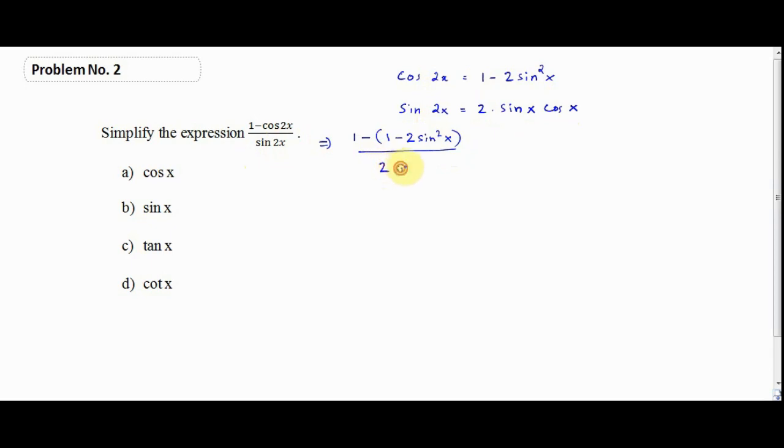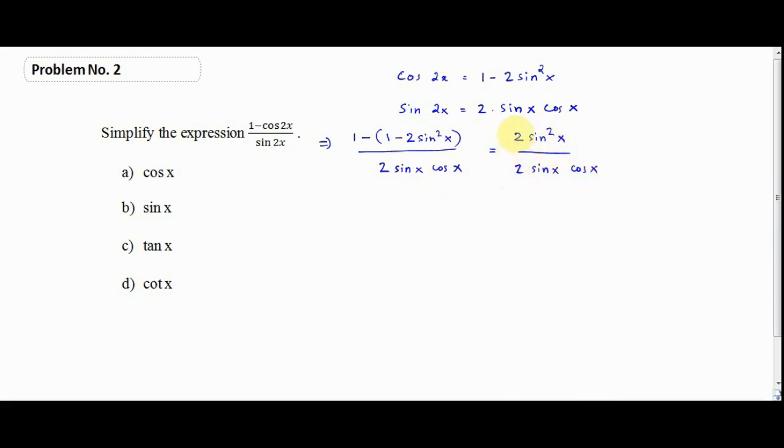If we simplify the numerator, 1 minus 1 becomes 0. Then this minus and this minus get cancelled, and we get plus 2 sin square x in the numerator, divided by 2 sin x cos x in the denominator.